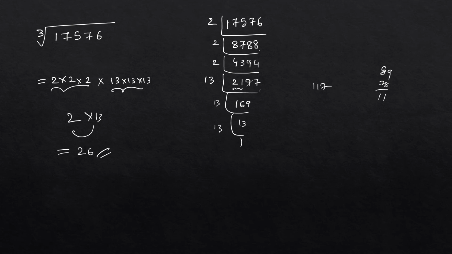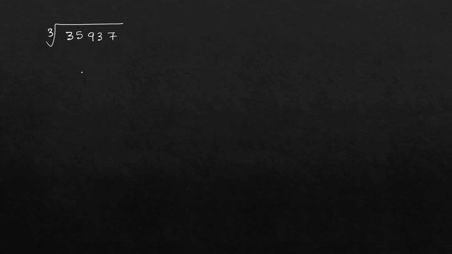Okay. Now we'll do one more problem. 35937. Again the same method. First, since it is ending with 7, it is not at all divisible by 2 because it is an odd number. So go for 3.